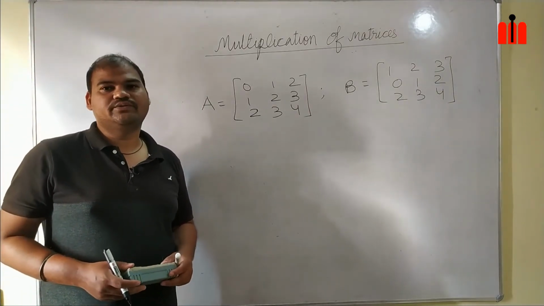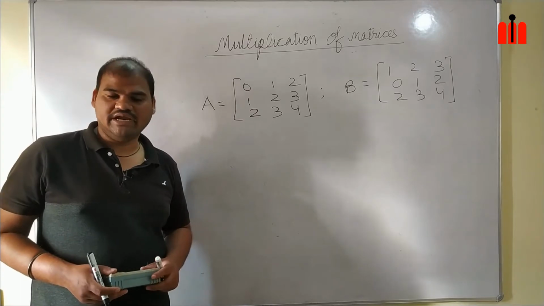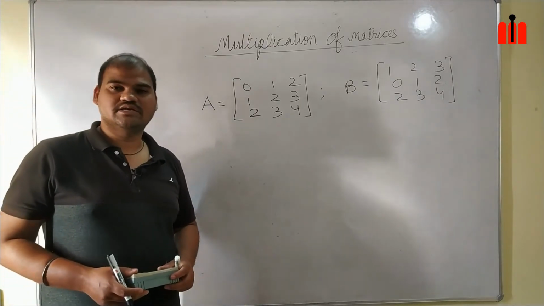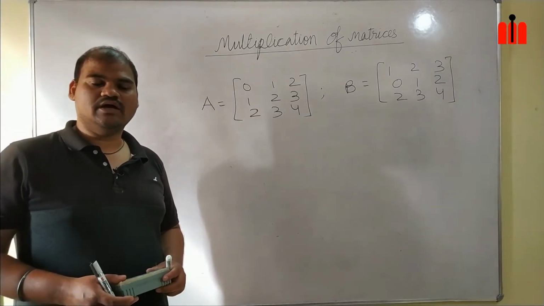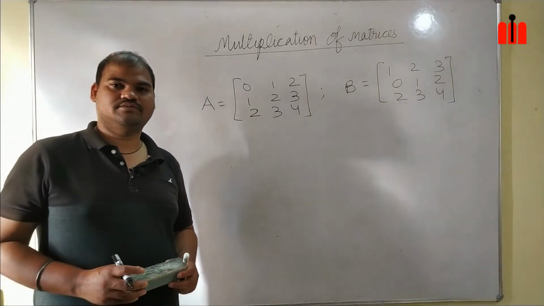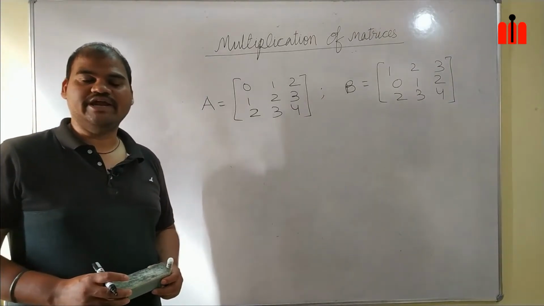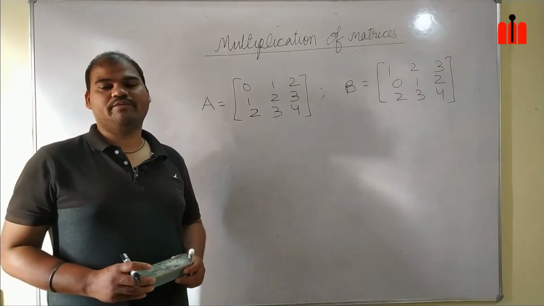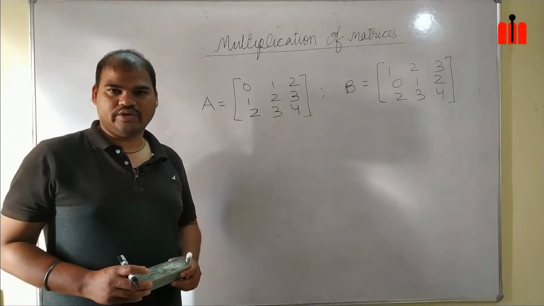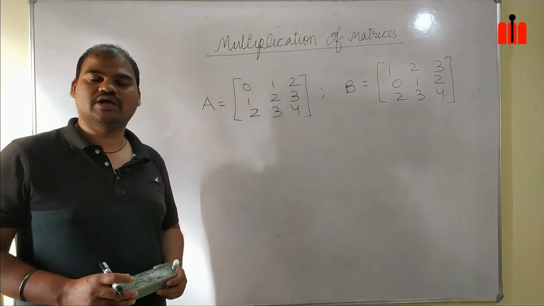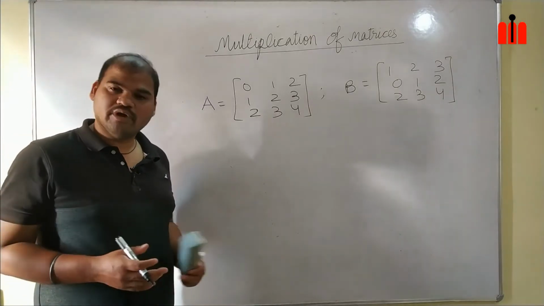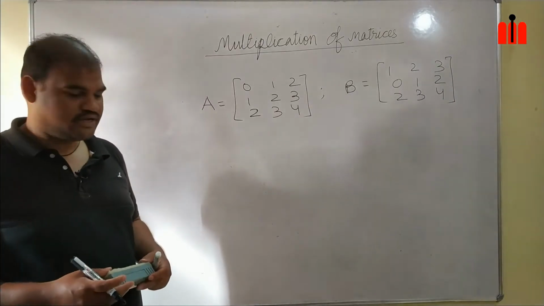Before jumping into the multiplication of the matrices, first understand the requirement for the feasibility of multiplication. Like for addition, what is the requirement? The requirement is both matrices should have the same order, for addition and subtraction. For multiplication, what is the first check?